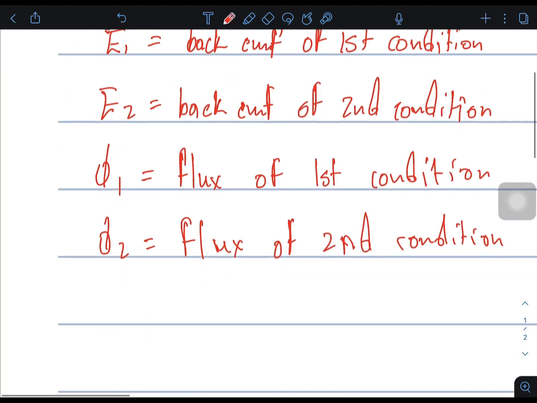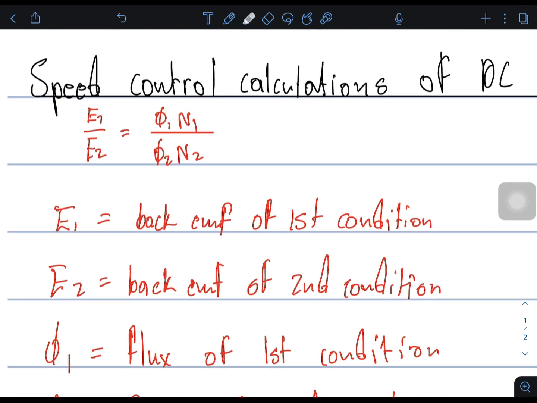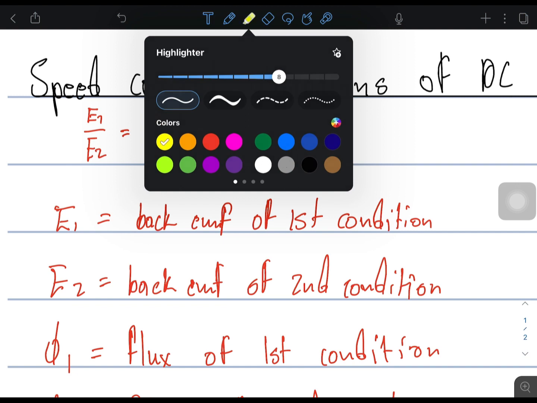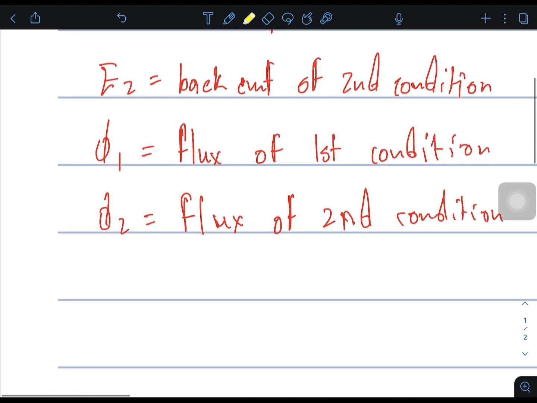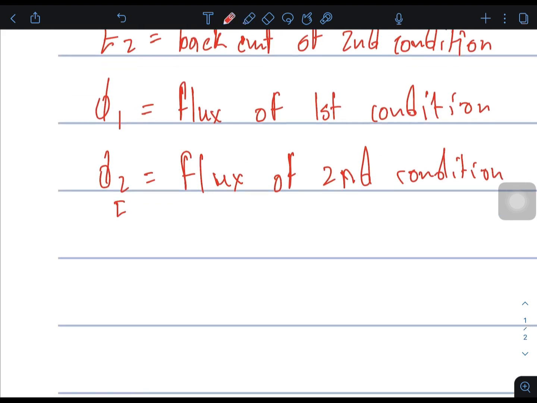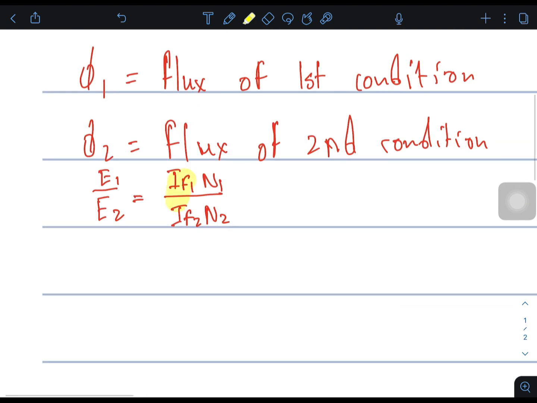Okay guys, then the EMF can be changed. What do I mean? For the flux part, you can put in the field current. What do I mean? E1 over E2 is equal to I field 1 N1 over I field 2 N2. You see, in place of flux, I'm putting a field current.